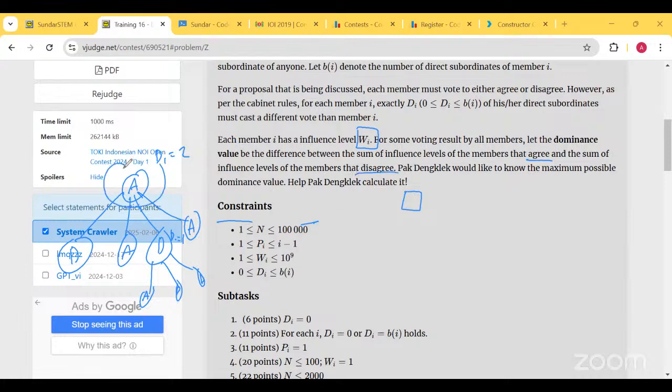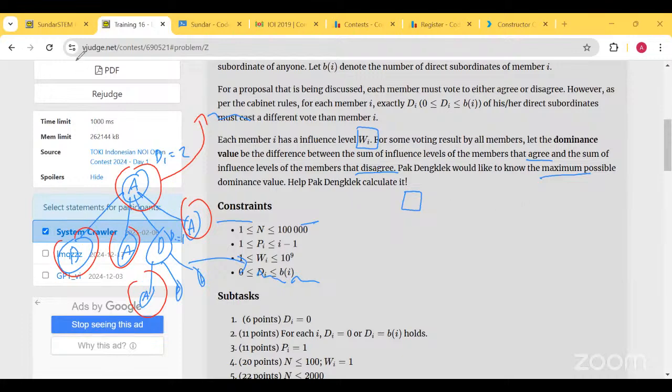So for example, these nodes are agree, so just find the sum of the influence level, and then the rest is disagree, find the influence level, and then find the difference. And we want to maximize the dominance level.